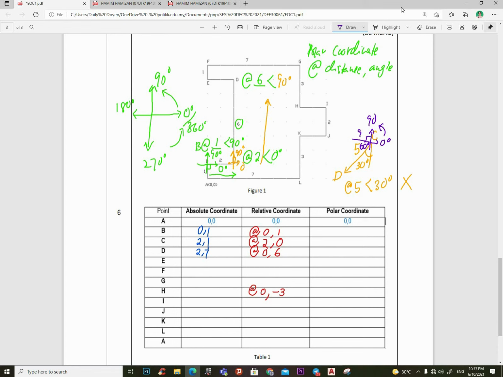This is 90 degrees, 180 degrees. So the answer is @5, distance and angle, is equal to 180 minus 60. That is the correct answer, which is equal to 120 degrees.